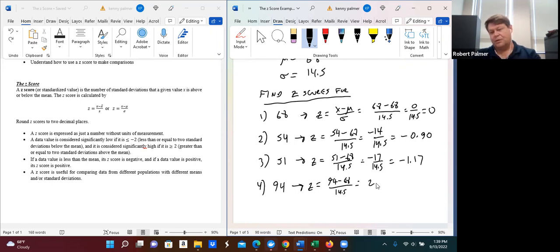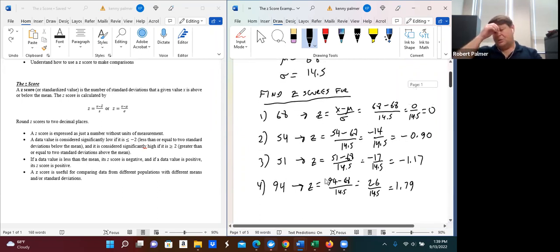And so it's going to be 26 divided by 14.5, and that is about 1.79. So not quite 2 standard deviations above the mean.